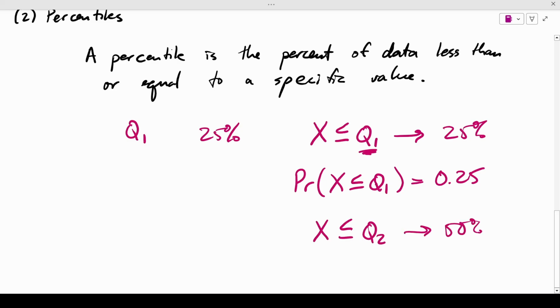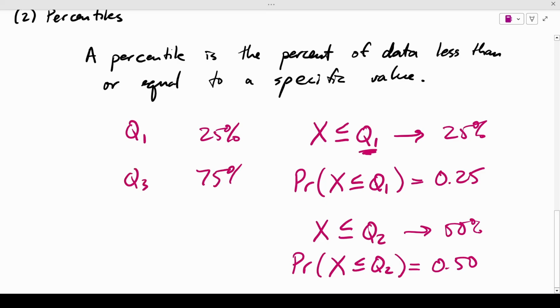Or if you want to look in terms of probability, if you randomly select one data point, the probability that that data point is less than or equal to the median is going to be half, 50-50, because half the data is below, half the data is above. And Q3, same thing. It is the 75th percentile.